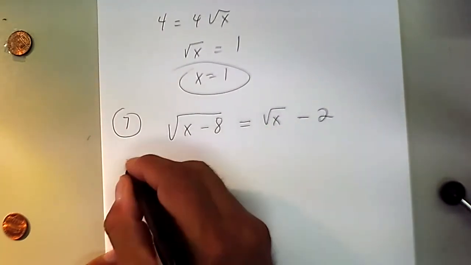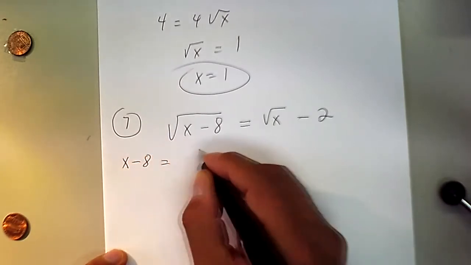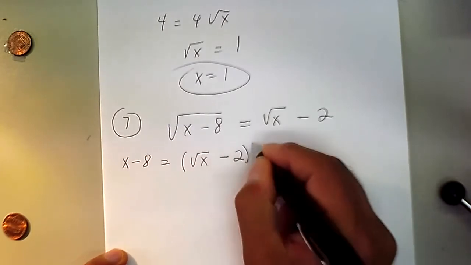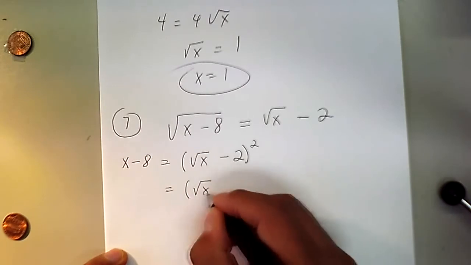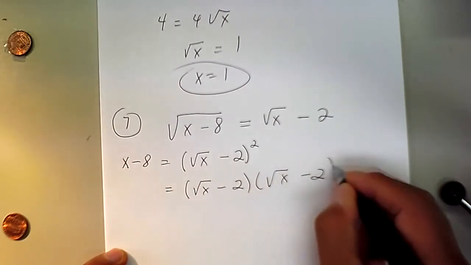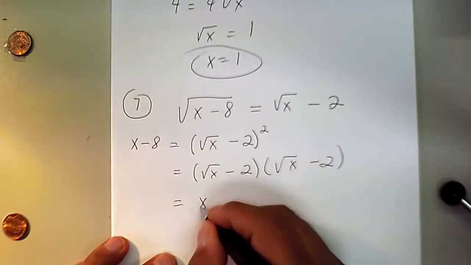All right, so square both sides. X minus 8 is equal to quantity square root of x minus 2 squared. So we have to FOIL that. Square root of x minus 2 times root x minus 2. Multiply those two to get x.